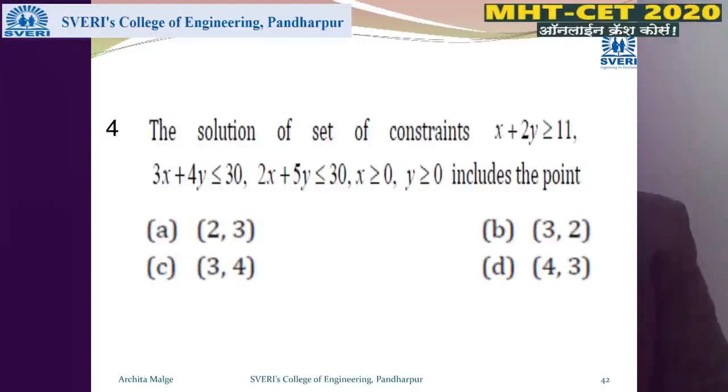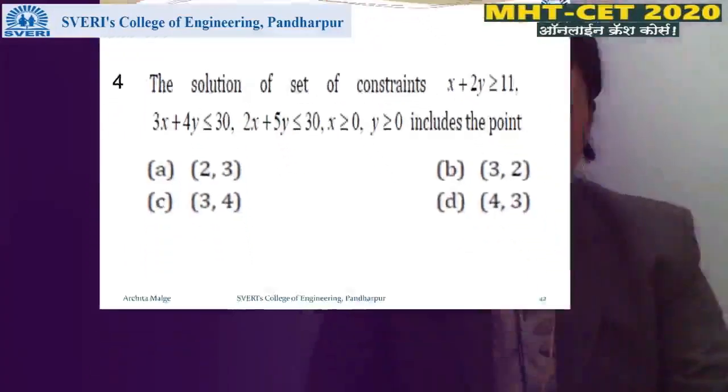Options: A 2, 3; B 3, 2; C 3, 4; D 4, 3. So first look at the constraints. x plus 2y is equal to 11, that is the first equation. 3x plus 4y is equal to 30, that is the second equation. Then 2x plus 5y is equal to 30, that is the third equation.